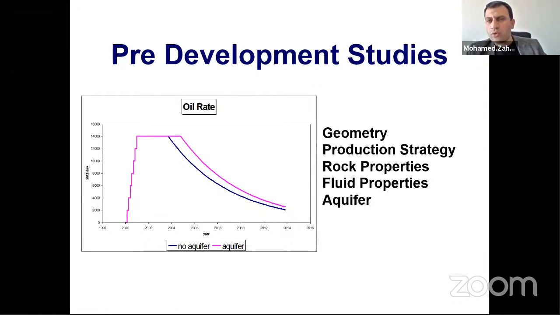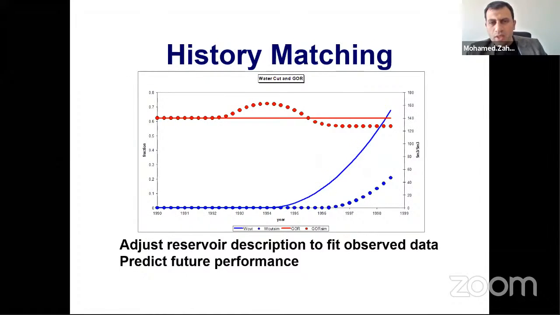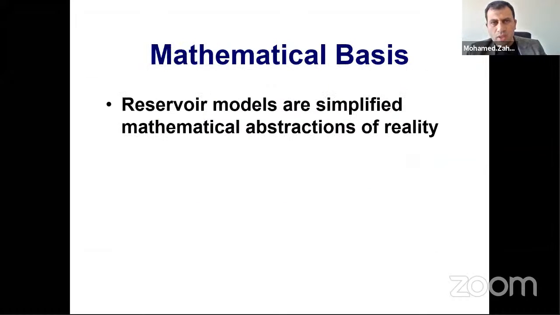Okay, to build this model, you need geometry, you need to understand geology, you need a production strategy, rock properties, fluid properties, and drive mechanism, which is represented here. Then you can predict different parameters like the water cut, the GOR, and, like I said before, the oil production.